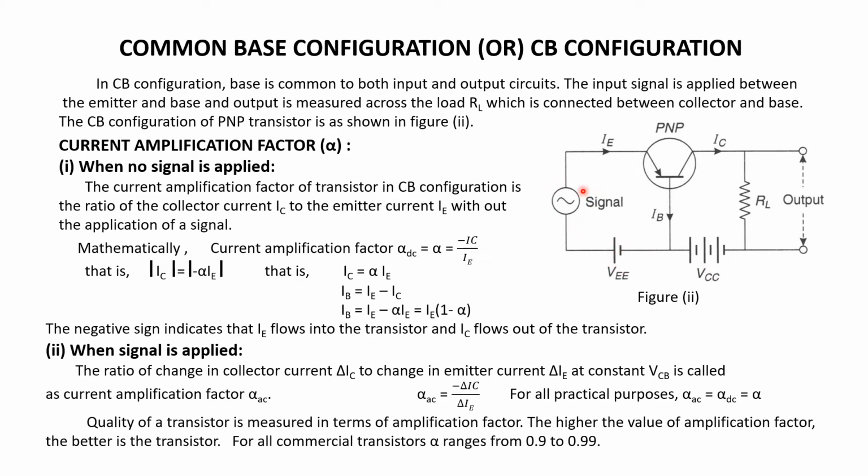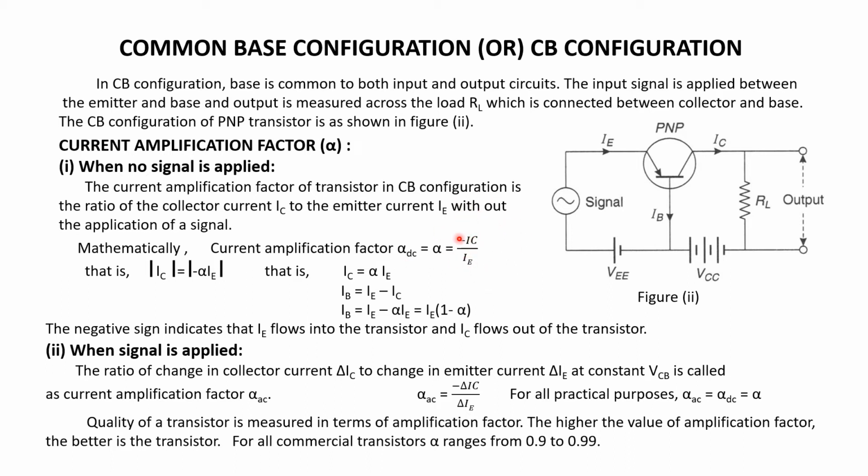Now, if there is no signal in the input circuit, that means only DC supply is there, then the input current is DC and the output is also DC. In that case, the current gain is output current by input current, which is said to be the current amplification factor. As there is only DC current, this amplification factor is said to be alpha DC, which is equal to minus IC by IE.